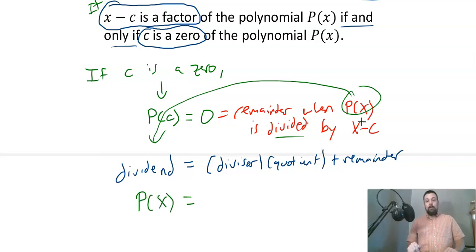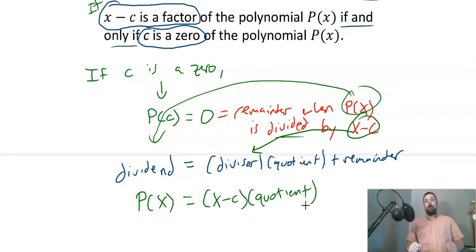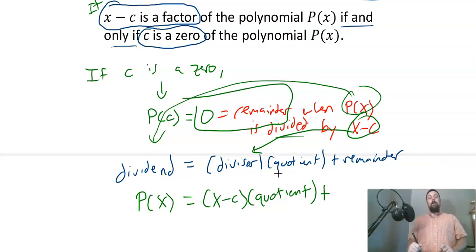The divisor is x minus c. The quotient, we don't know. We haven't referenced it, so I'll just keep calling it quotient. And the remainder is 0. If c is a 0 of the polynomial, then the remainder must be 0 from that division. And so I'm going to plug in 0 for the remainder.